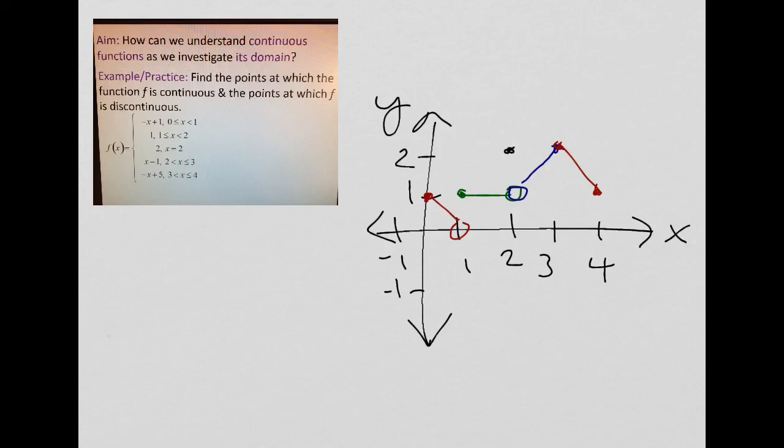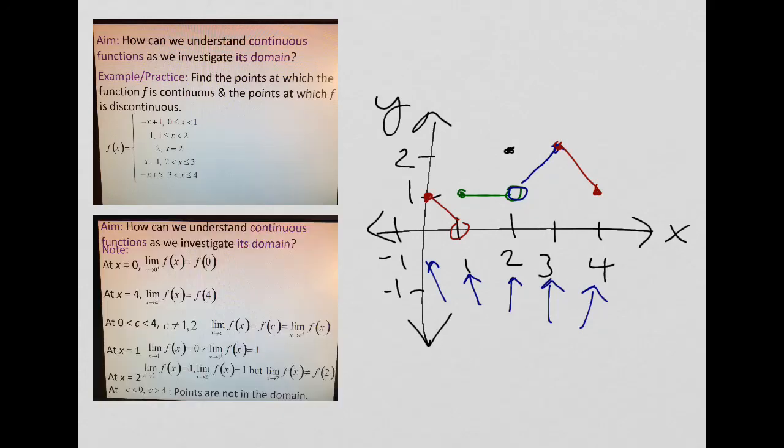So when x is 0, where it starts, this is something we should investigate. When x is 1, when x is 2, when x is even 3, and when x is 4. It just so happens to be all integer values for x, but that's fine. So at x equals 0, this turns out to be true.